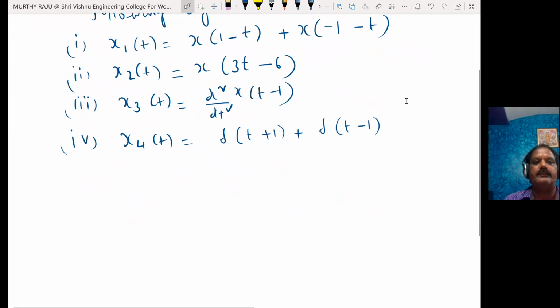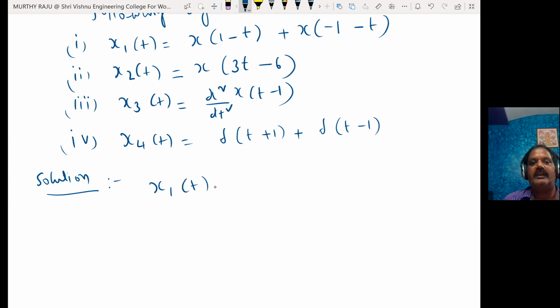First one, solution. x1 of t is equal to x of 1 minus t plus x of minus 1 minus t.